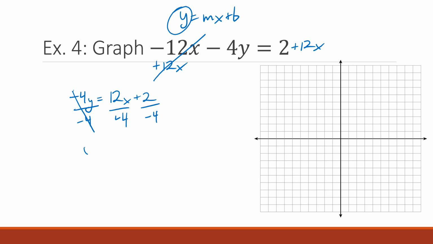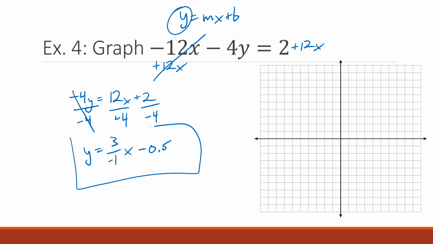So this cancels. I have y equals, let's see, 12 over -4 is -3. I'm going to write it as 3 over -1 because I know that I'm going to have to use the slope eventually. It's rise over run. And then 2 over -4 is minus, you could either do 1/2 or I'll do 0.5.